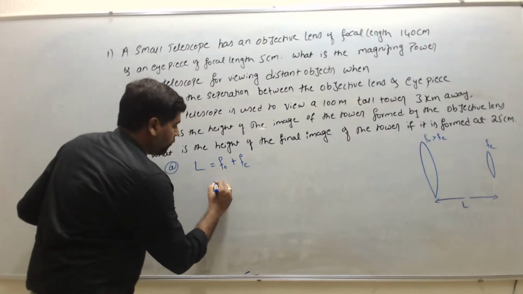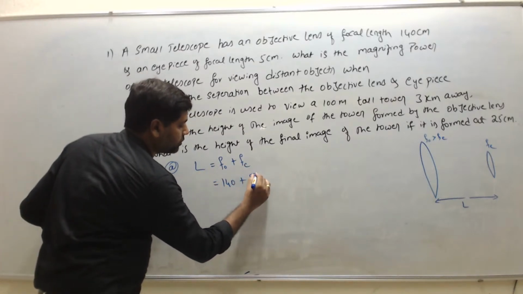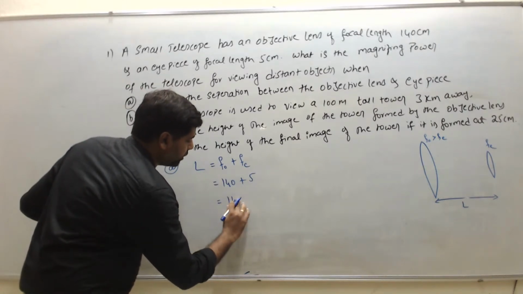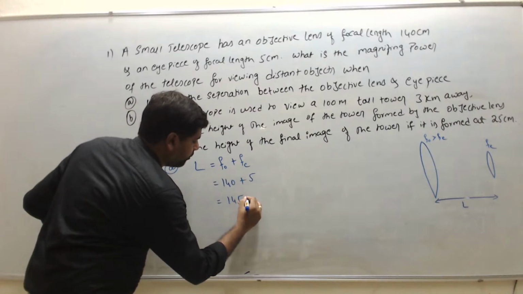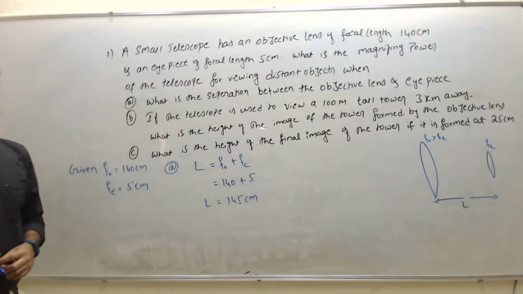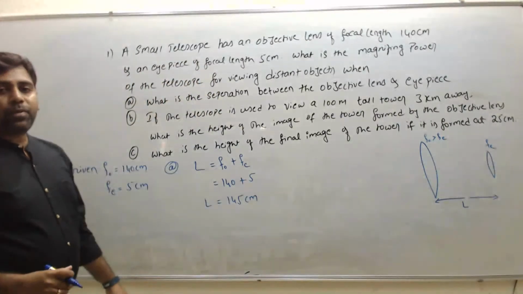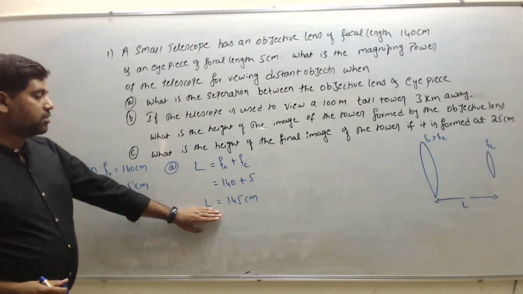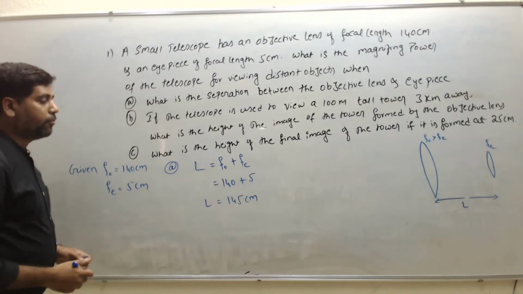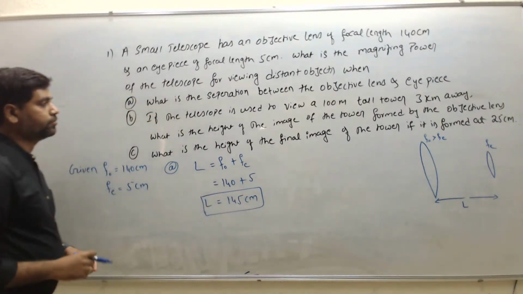We know the objective is 140 and the eyepiece is 5, so the length of the telescope is 145 centimeter. That is the separation between the objective and the eyepiece. This is the answer for the first question.